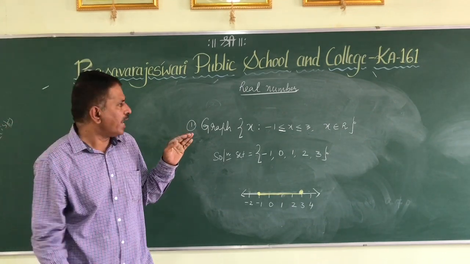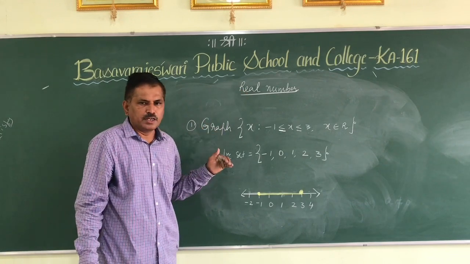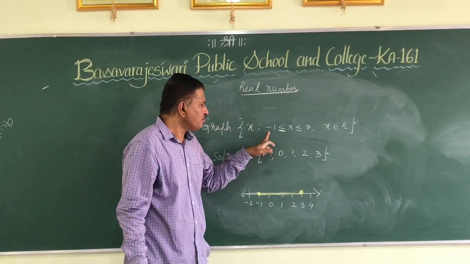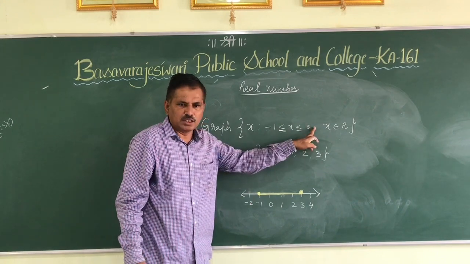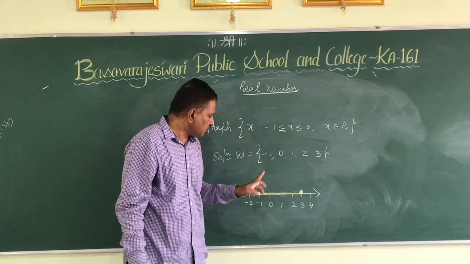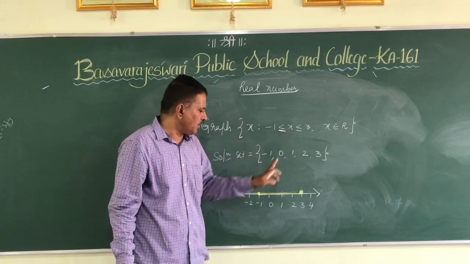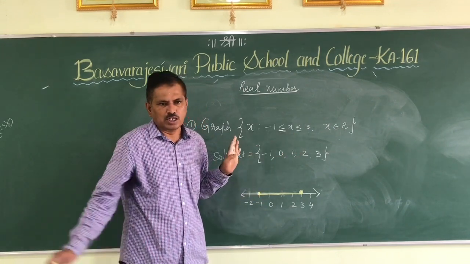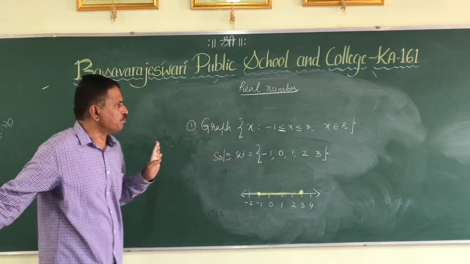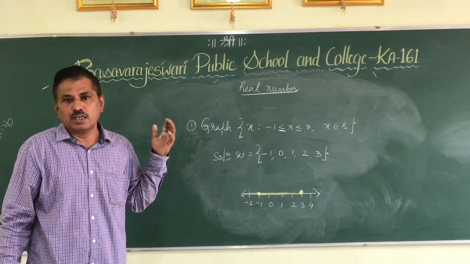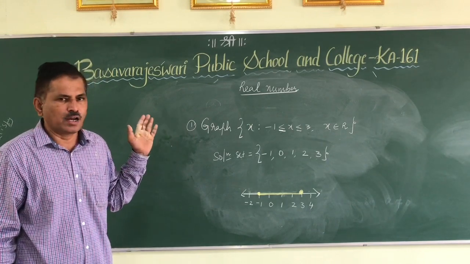Whereas for the real number, it is quite different. We have to draw the thick line from one value to the other value, and you have to put the solid circle if the equal sign is given. If it is not given, you have to put the halo circle. This is how we represent inequation on the number line graph.